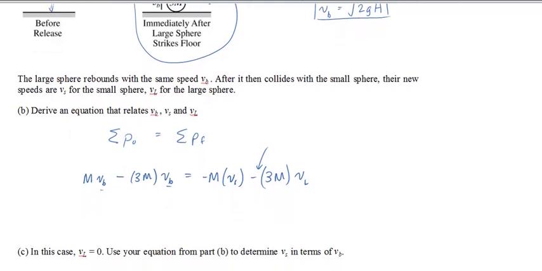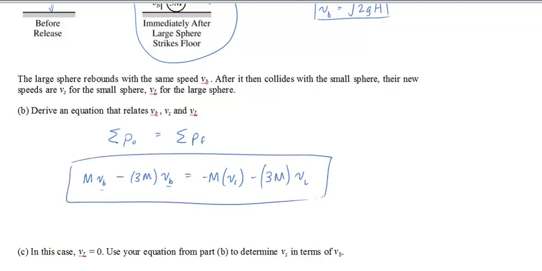So either way is fine there because they didn't specify. But there you go. That's your answer, right? This is the nice thing about symbolic problems, you get to this equation and you're done. That is the equation that relates VB, VS, and VL that they ask for. That's it. And until they give us more information, we can't solve that.